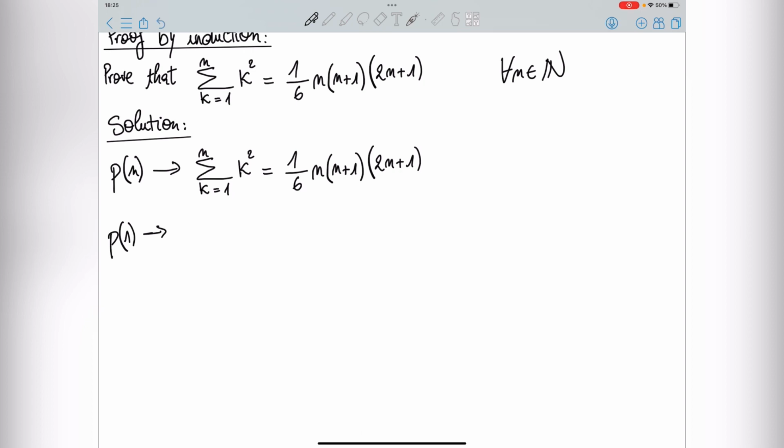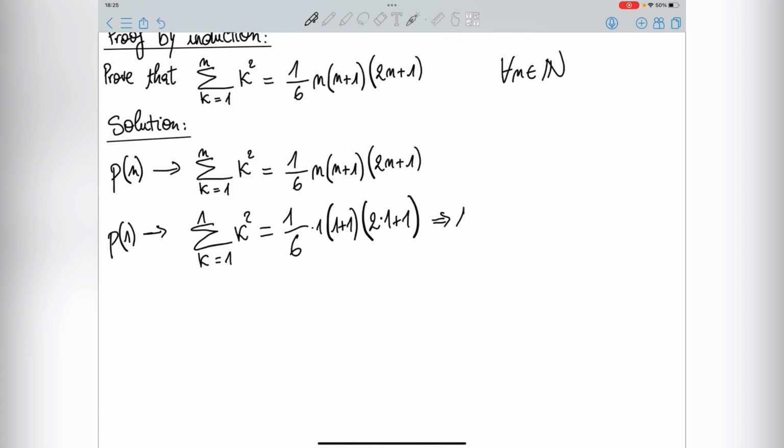So P of 1, we're going to substitute 1 into this. Every time that we have n, we're going to substitute 1, right? So P of 1 is the summation from 1 to 1 of k squared is equal to 1/6 times 1 times (1 plus 1) times (2 times 1 plus 1). Notice that here we have 1 from 1 to 1. We're just going to substitute 1 into this k.